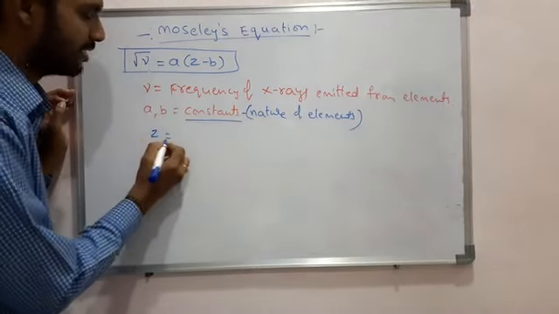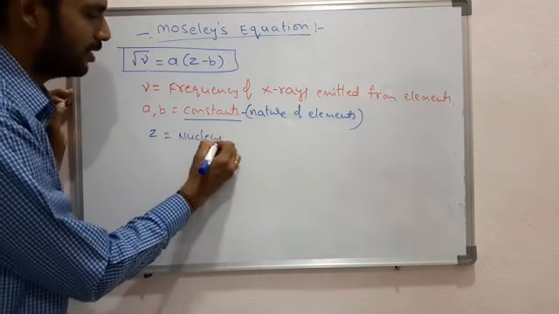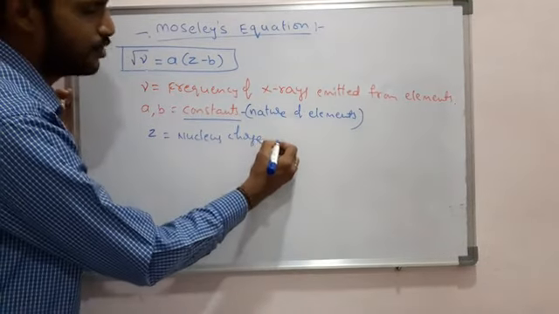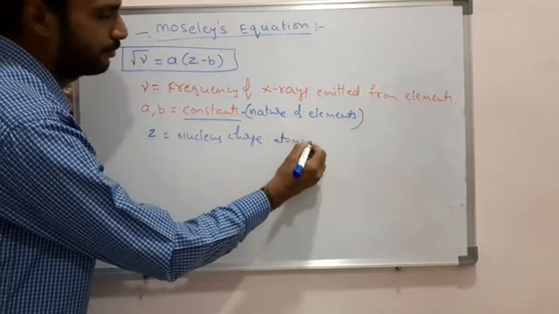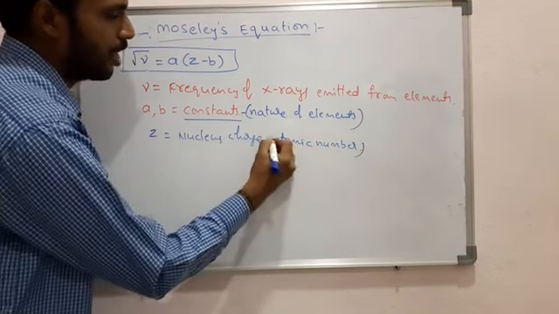Z is the nuclear charge of that element, which is treated as the atomic number.